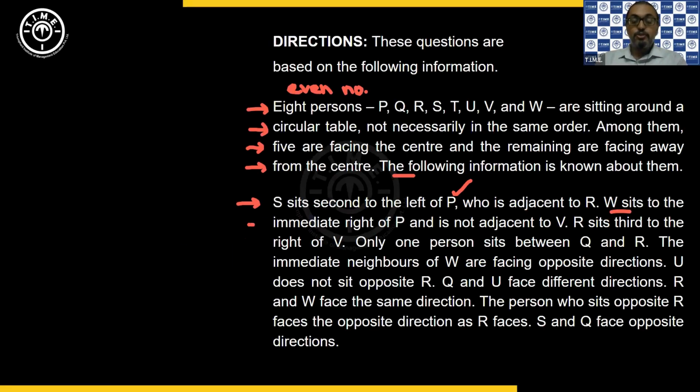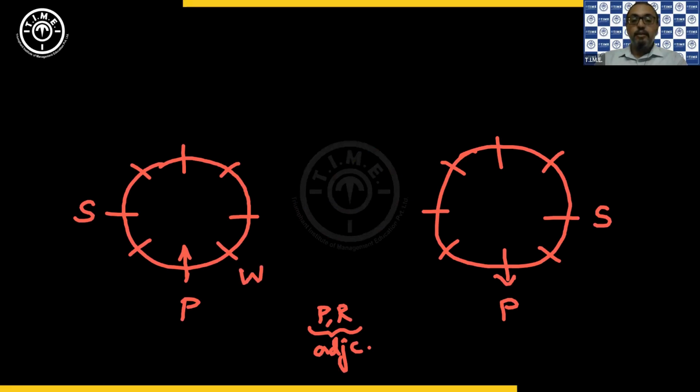Then W sits to the immediate right of P. In the first case, the right is the anti-clockwise direction. In the second case, clockwise is the right.